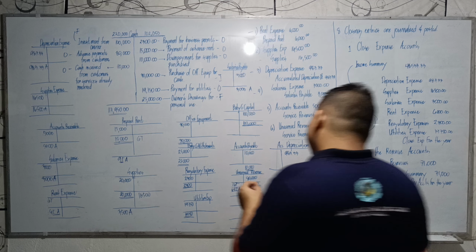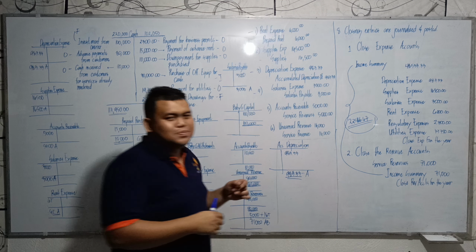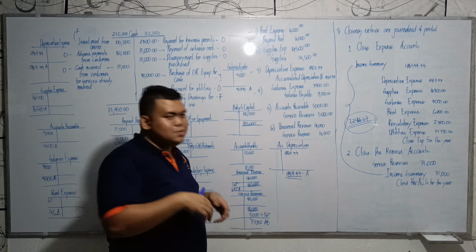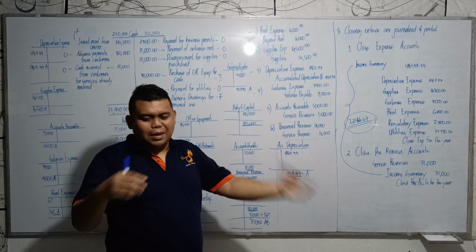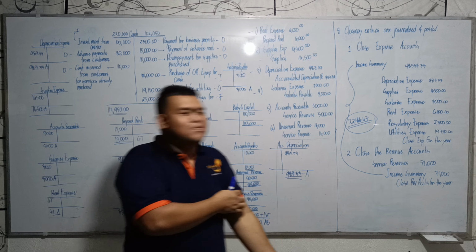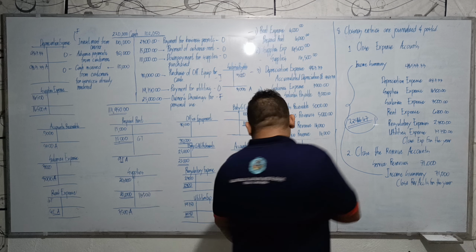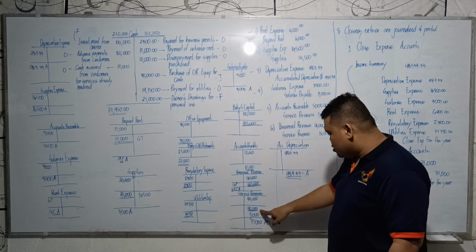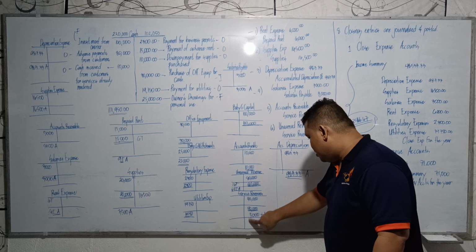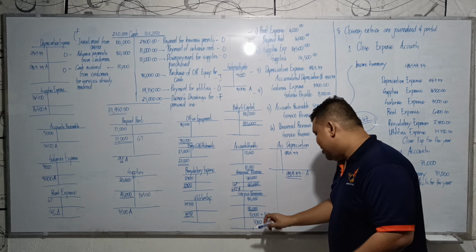Now we're back. Actually, guys, if you have seen the video, I'm back to confirm if our service revenues is really correct, and it turned out it's not. This 40,000 plus 21,000 should have been 61,000.